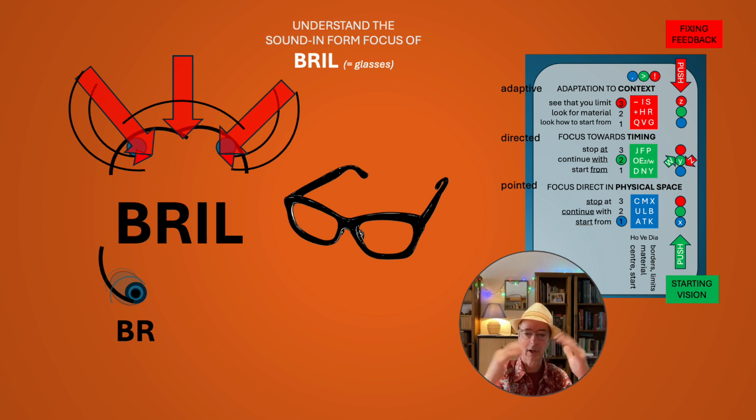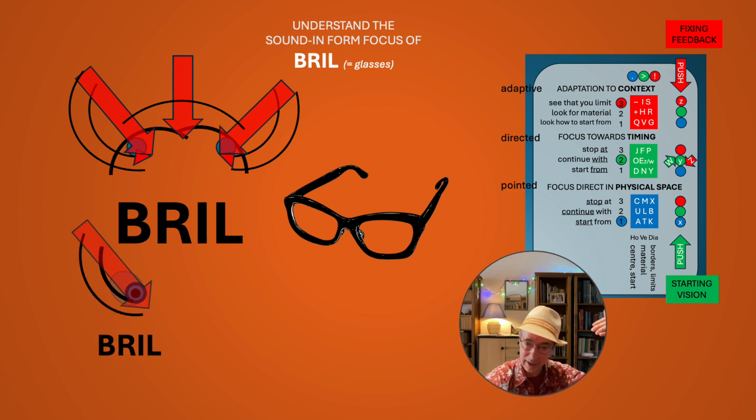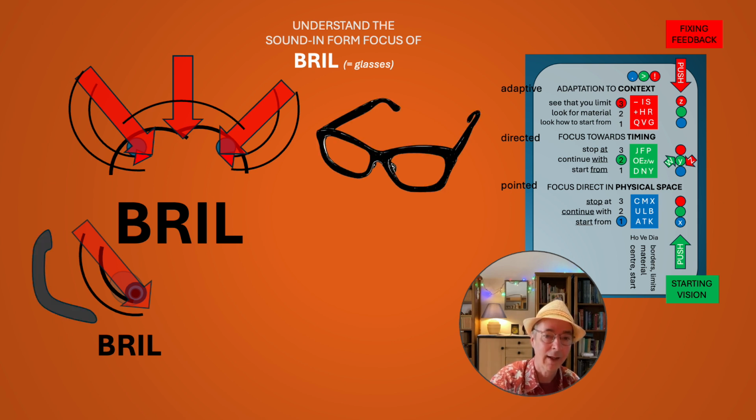What you can do with these glasses is this system in it, which is very well fitting with the BRIL sound, the E as that inwardly direction, and the L as following this whole process up with a form. That's what the L is always doing. It's turning this into a form, and that's the kind of form you have there in the glasses.